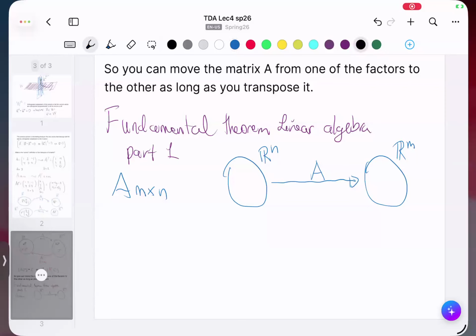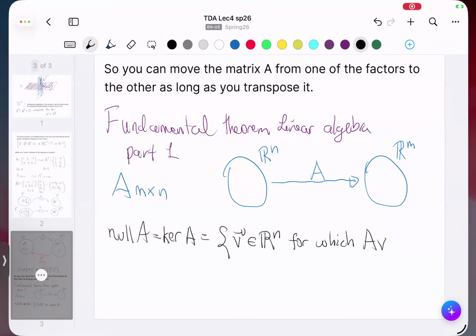If you open almost any math book, they usually call it the kernel. You usually just write that as kernel of A. And those are all the vectors in Rn which solve the homogeneous system.